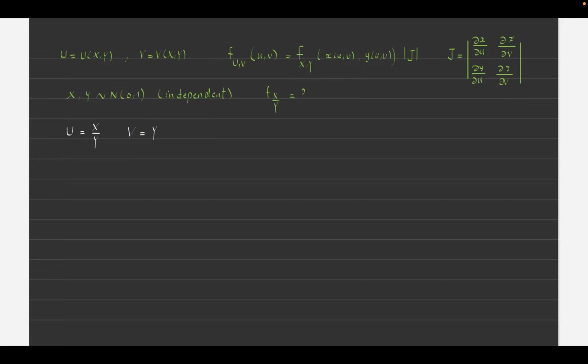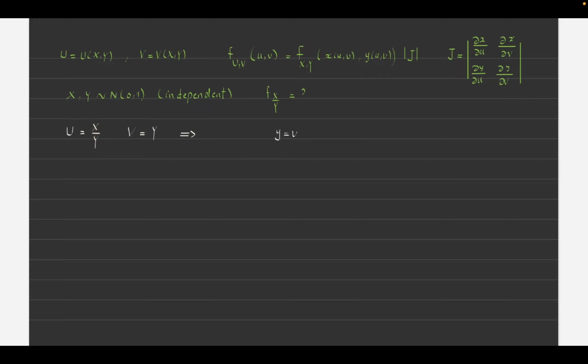Okay? And then what I need to do is calculate this Jacobian, but it means that I need to express x and y in terms of u and v, which is of course very simple. So this means that y itself is of course v, and then if y is v, then x becomes u times v.